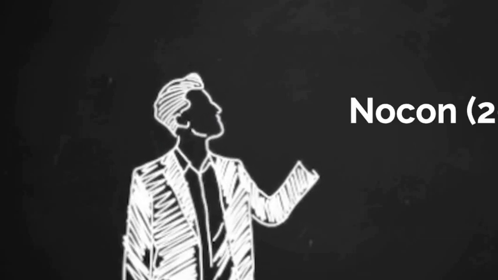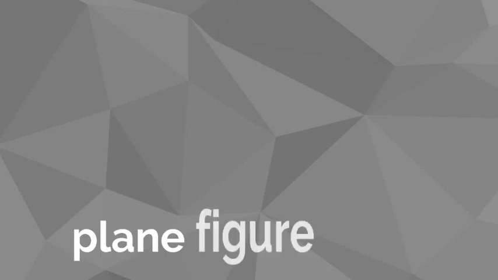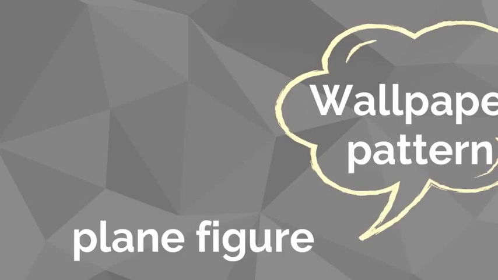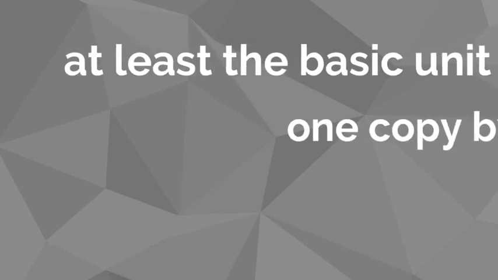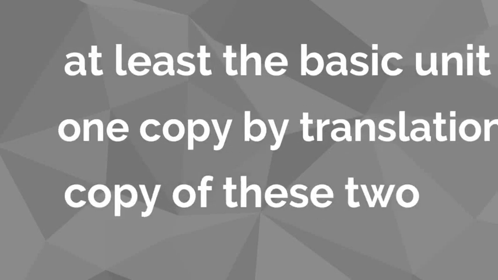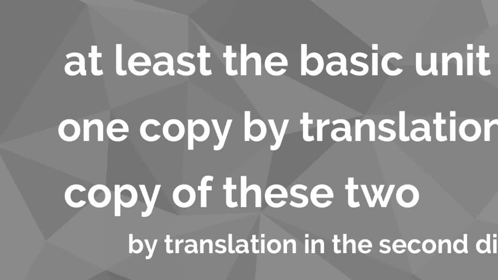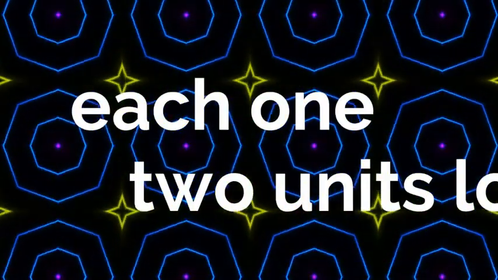According to Nakon, 2016, in order for a plane figure to be considered a wallpaper pattern, it must have at least the basic unit, one copy by translation, and a copy of these two by translation in the second direction. There must be at least 2 rows, each one of at least 2 units long.